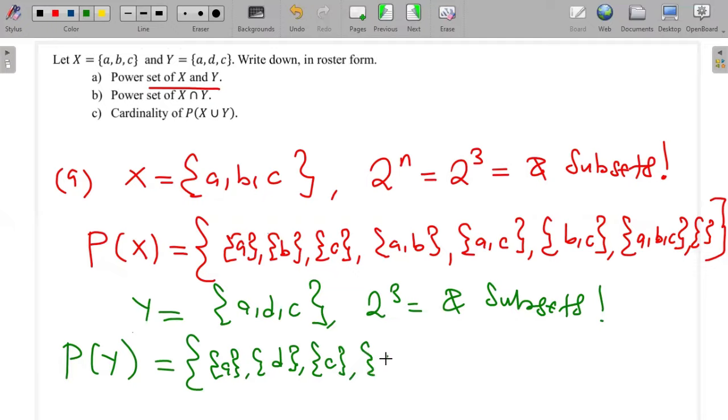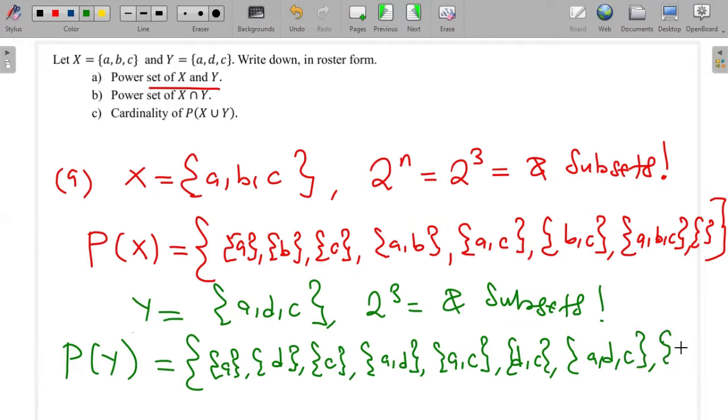Then we have AD, AC, and then D and C. Then we have the set itself, and then the empty set. This is our power set for Y. So we've done part A.